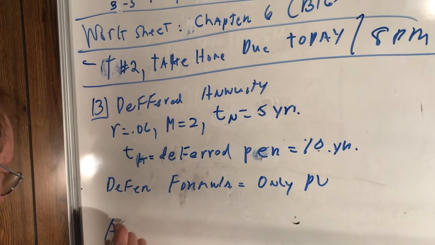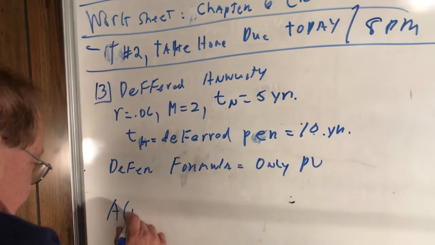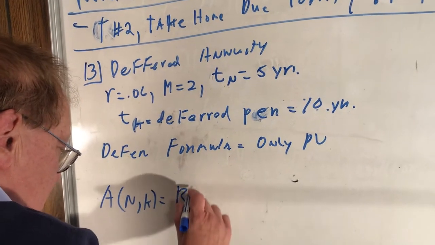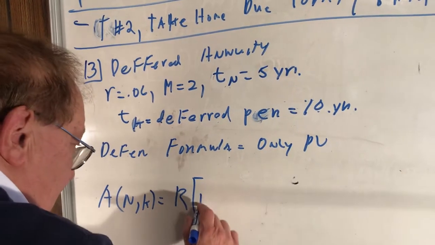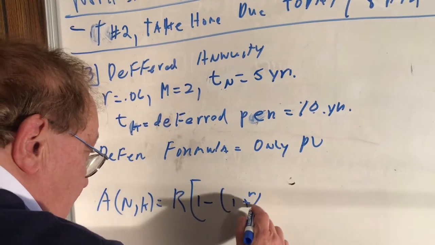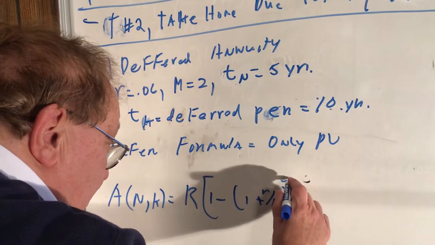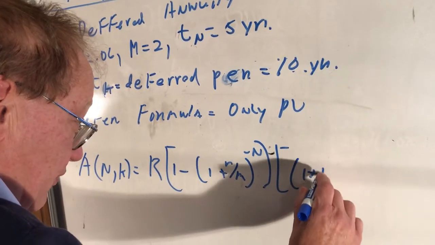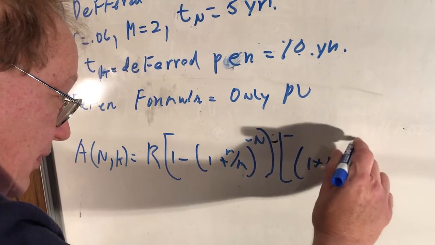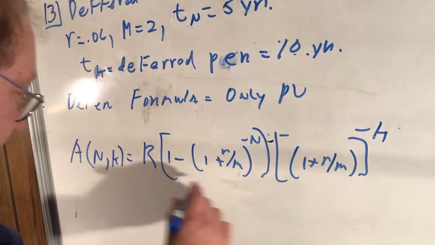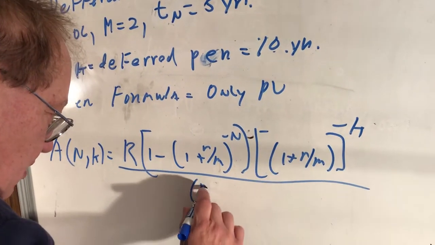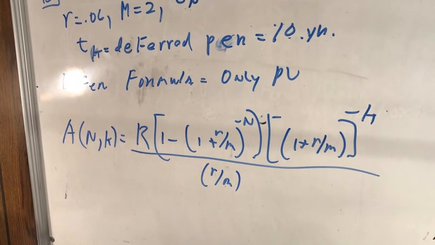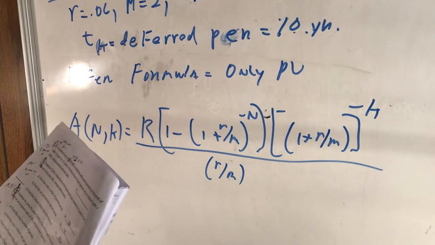So it's going to be A N and K, and that's going to be equal to R, times 1 minus 1 plus R over M raised to the minus N, times 1 plus R over M raised to the minus K. And the whole thing is divided by R over M. Notice these are multiplied.